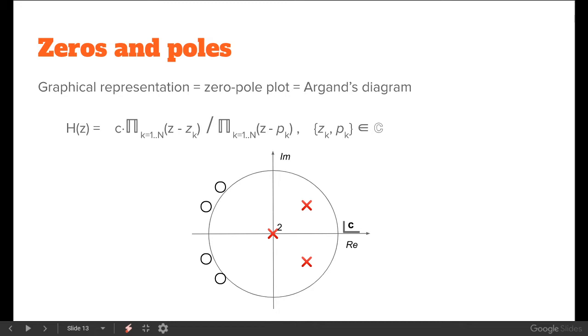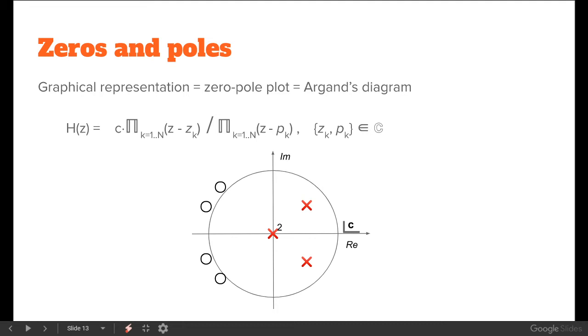Those zeros in this picture should actually be on the unit circle, but the graphics is a little bit off. Anyway, it's a zero-pole plot, which is also called Argand's diagram.